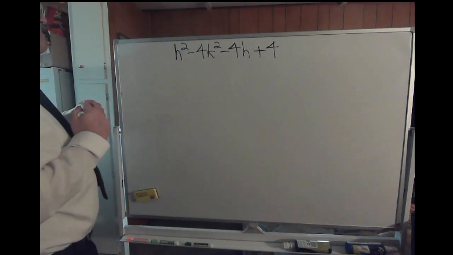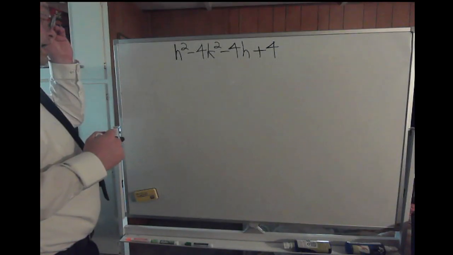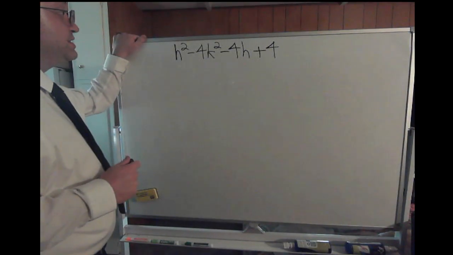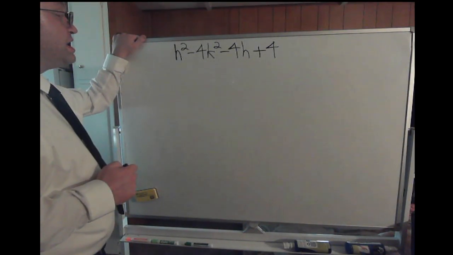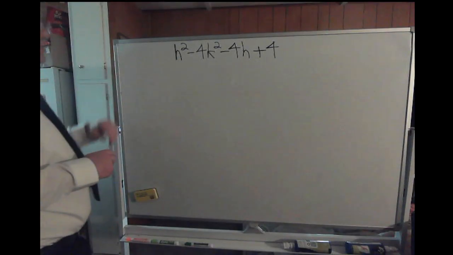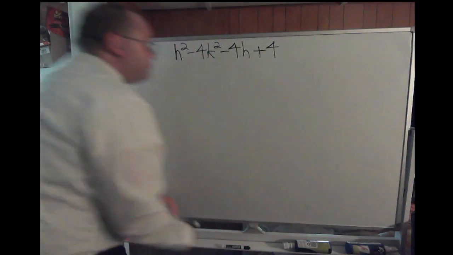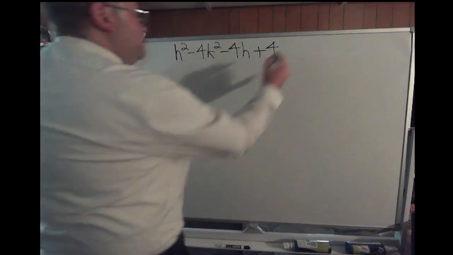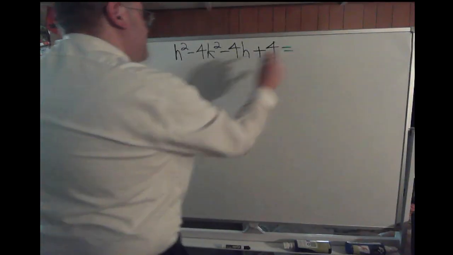All right. How are we going to do this? Well, what I would do, you're going to have to use your commutative property of addition again.